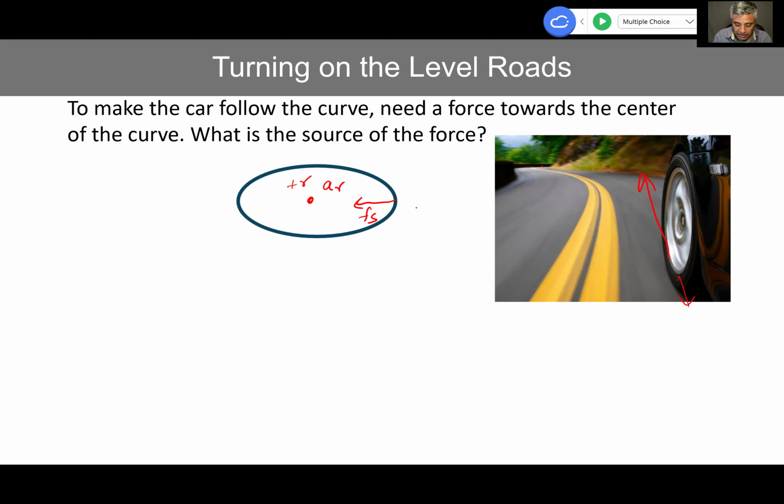Now you may be thinking, okay, why is static friction force not in this direction, right? Why is it in that direction? One way to look at it, okay, there is acceleration in that direction, so the force must be in that direction. Another way, if you remember the video you watched for the coin going in a circular path, a coin sitting on a rotating platform and going in a circle, right?